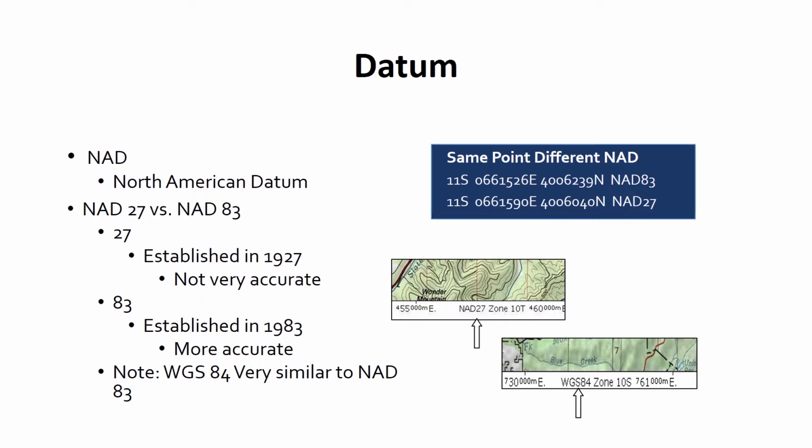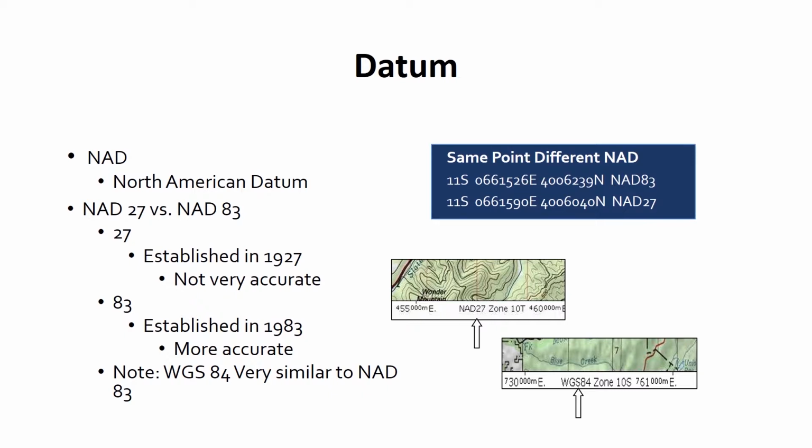So when you're in NAD 83, you're almost 200 meters further north than you are when you're in NAD 27. So you just want to make sure that the coordinates you're writing down match the grid system being used on your map or, when we get to it, in your GPS.